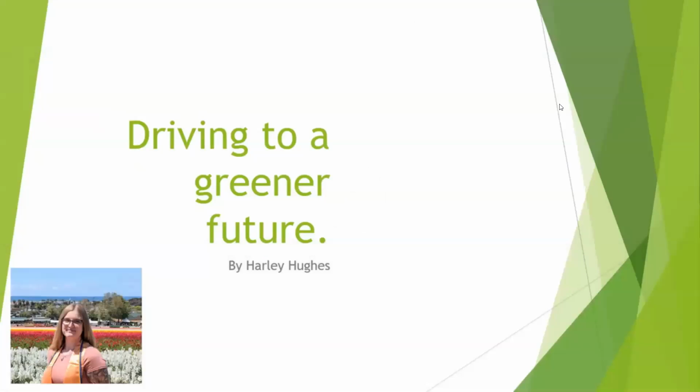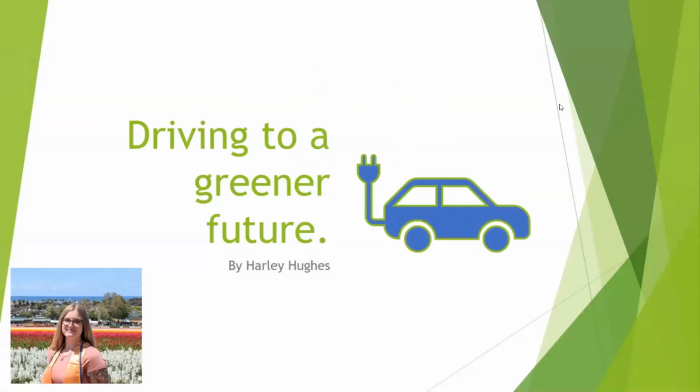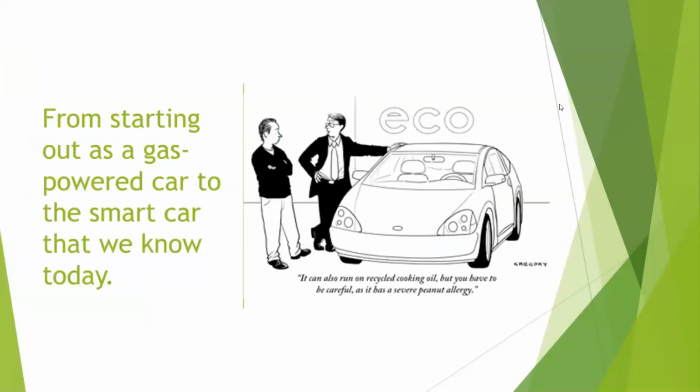Hello and welcome. My name is Harley Hughes, and today we will be looking into the technological advancements of the car to meet both human and environmental needs. From simply starting out as a gas-powered car in 1886, all the way to the electric-powered smart cars that we have today.